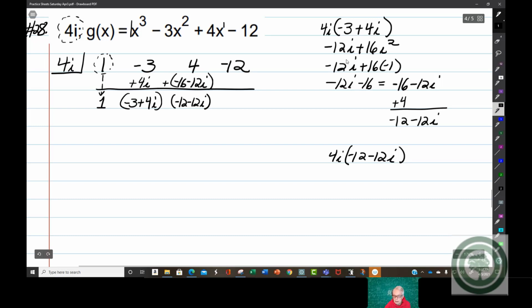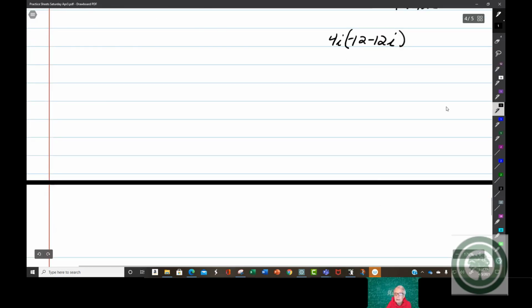Scroll up a little bit. There. This is going to be negative 48i minus 48i squared, which is negative 48i minus 48 times negative 1. Well, that'll make that positive 48, so this will be 48, that's the real part, minus 48i.